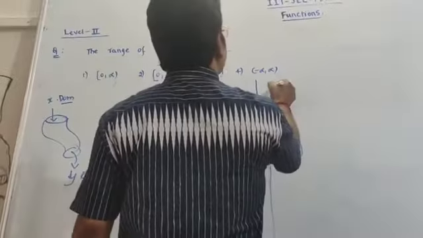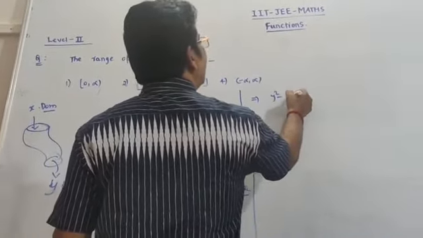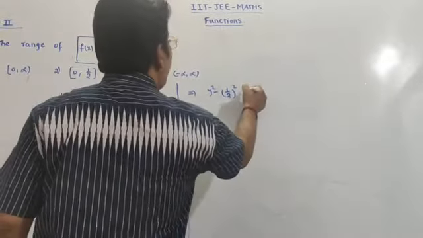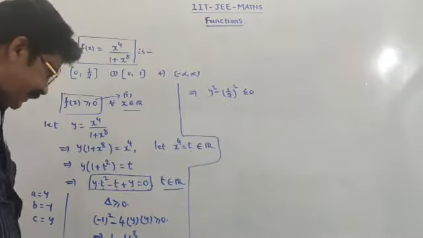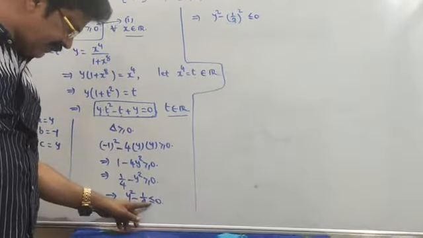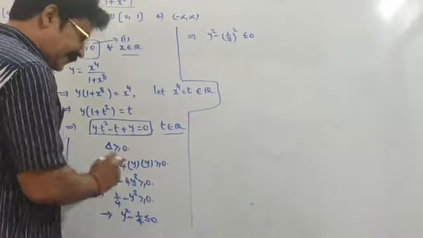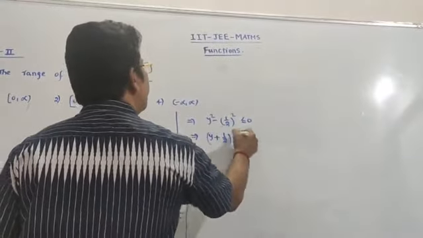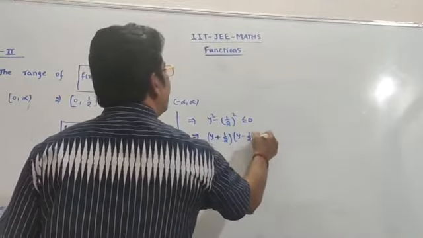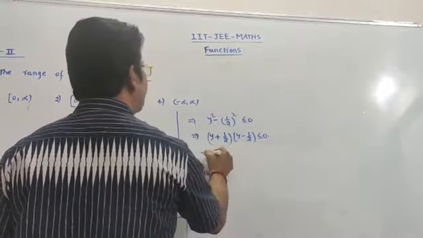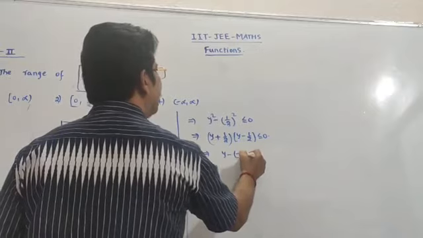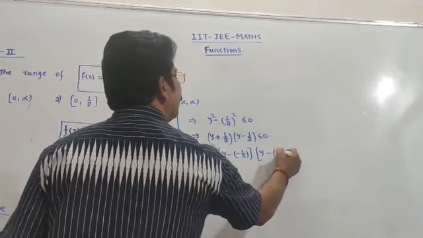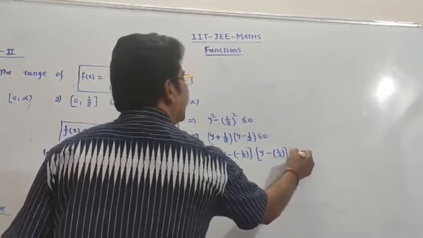So that implies y square minus 1 by 2 whole square less than or equal to 0. Here we multiplied with a minus, so the inequality takes the reverse direction: greater than or equal to becomes less than or equal to. So y plus 1 by 2 into y minus 1 by 2 is less than or equal to 0.